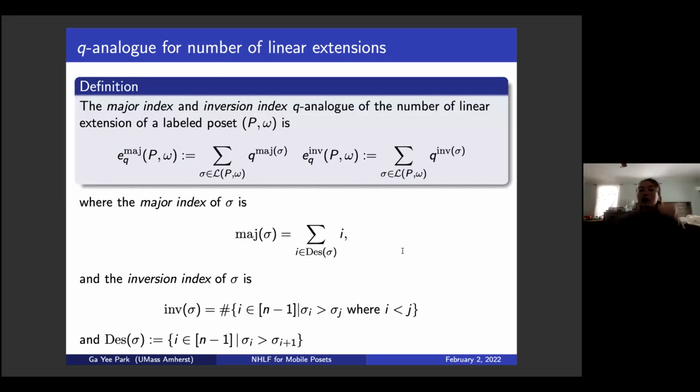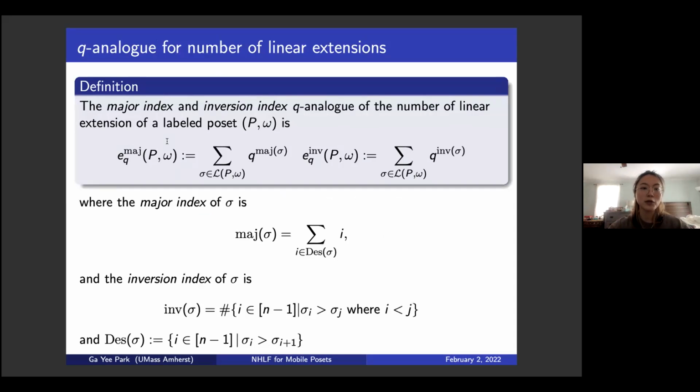And there are, of course, q-analogs of linear extensions as well. For the q-analog version, we will be working with labeled posets. So we will now label the posets with the numbers 1, 2, 3, 4, and we'll be looking at the words, the ordering of the linear extensions according to that labeling, and look at some statistics of them.